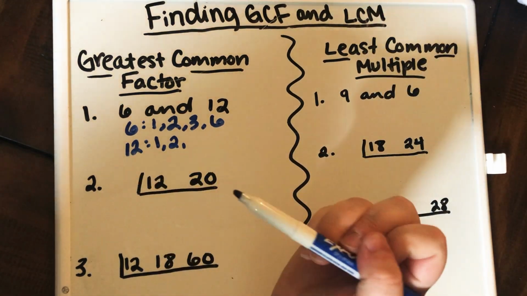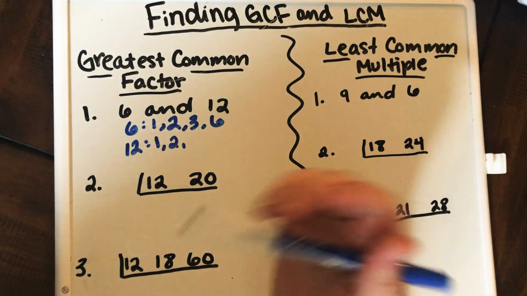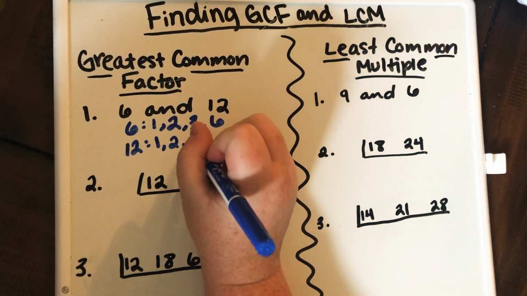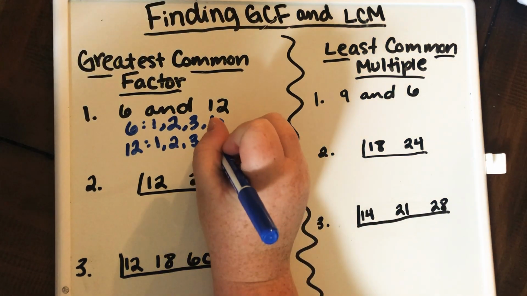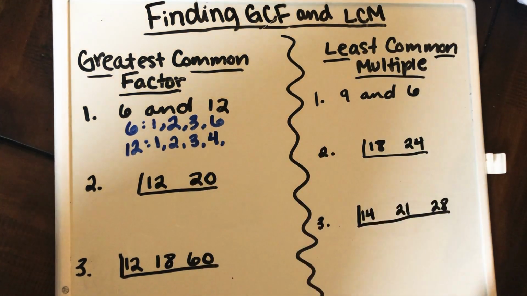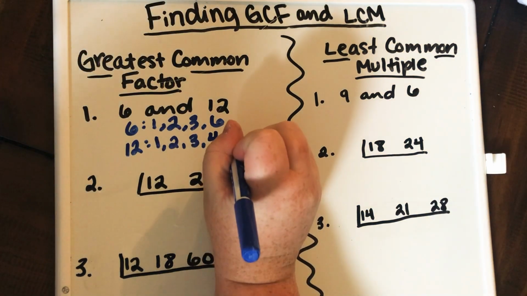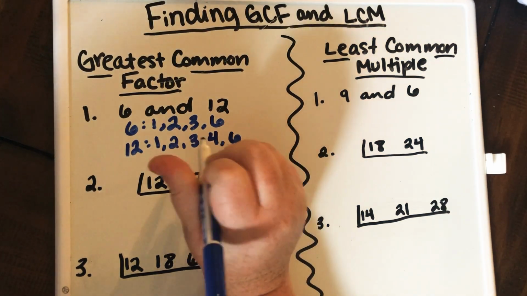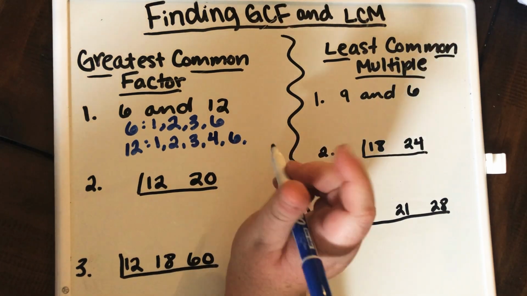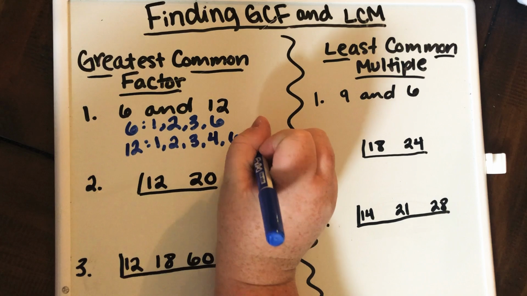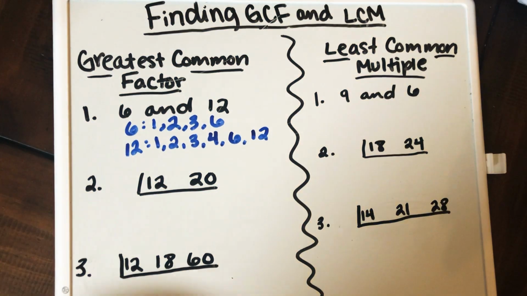If you add those 2 digits, like our rule for 3, you get 3, which means that it is divisible by 3. 3 times 4 is what gives you 12. 5 is not a factor, but 6 is a factor, 6 times 2. And I'll skip ahead because I know that 7, 8, 9, 10, 11 are not factors. 12 is a factor.